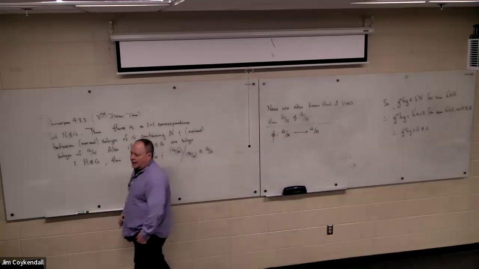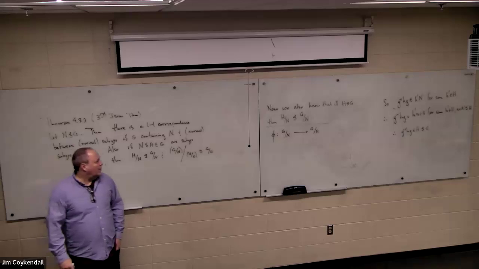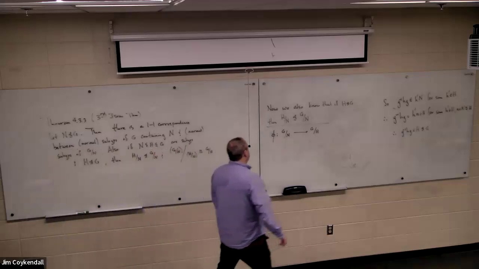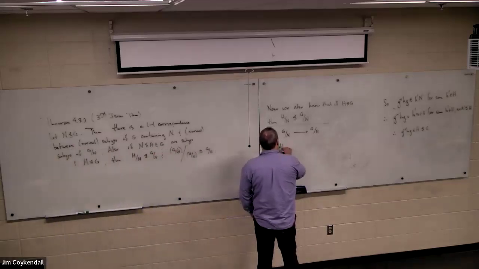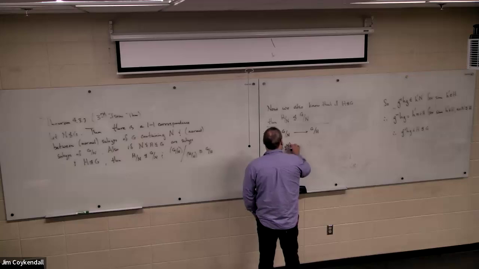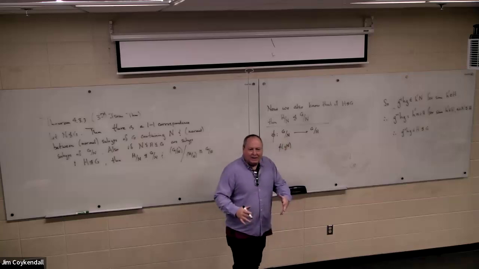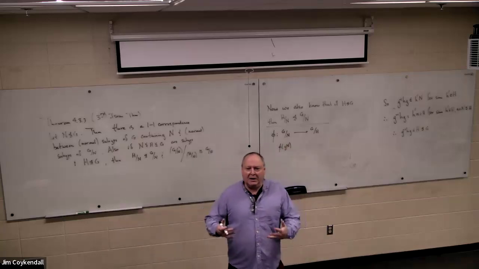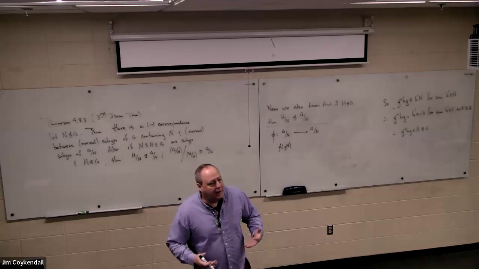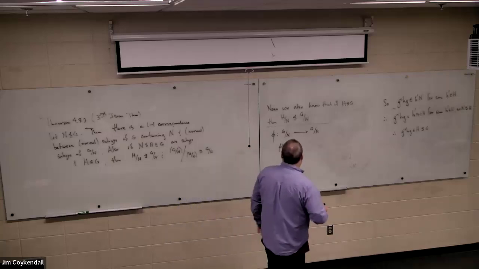I'm going to define the homomorphism this way. So my input is a coset. And you all have heard me screaming about how I hate doing things with cosets, right? But this one's not going to be too bad.